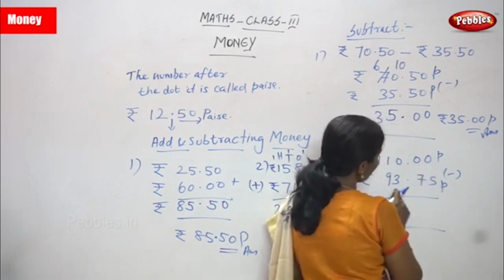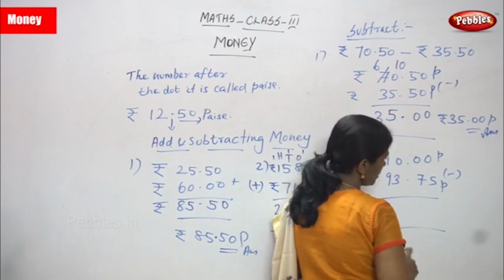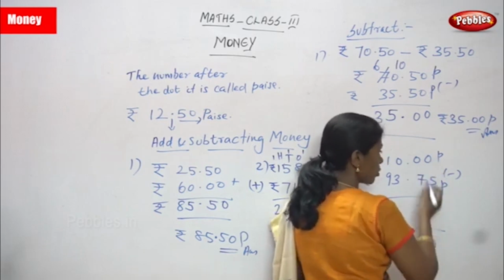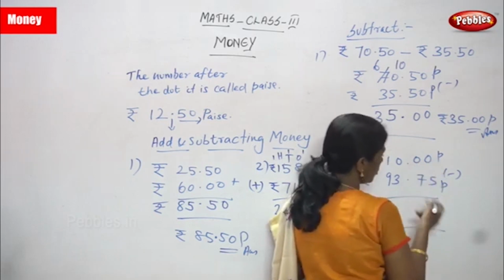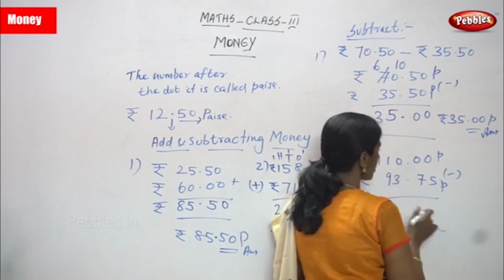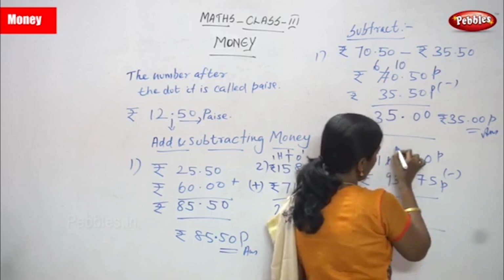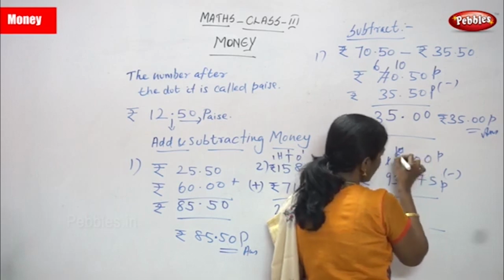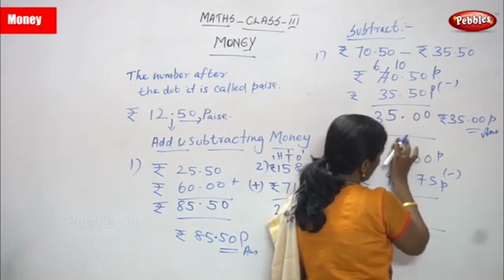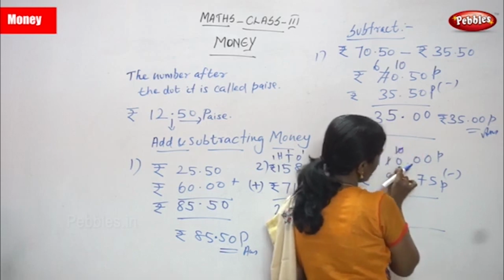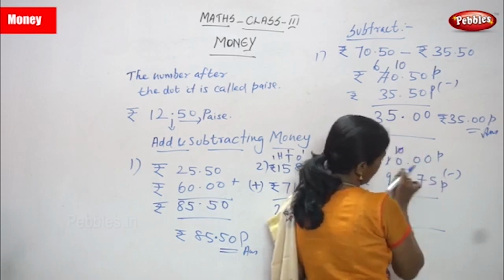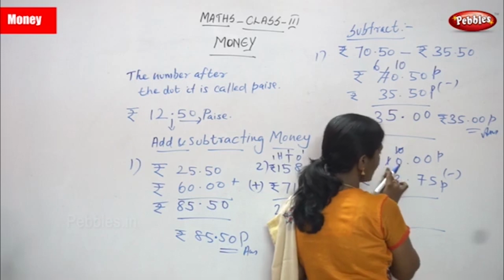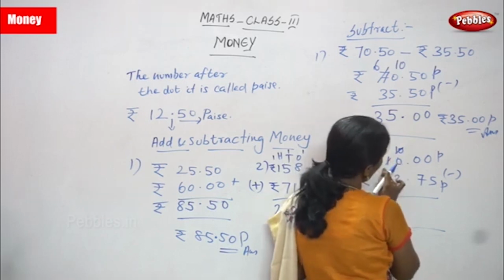After that, what is the number? 93 rupees 75 paise. Now we are going to subtract. 0 minus 5 is not enough to subtract. Here also 0, not enough. So you have to borrow. All the three digits are 0, so you have to borrow from 110.